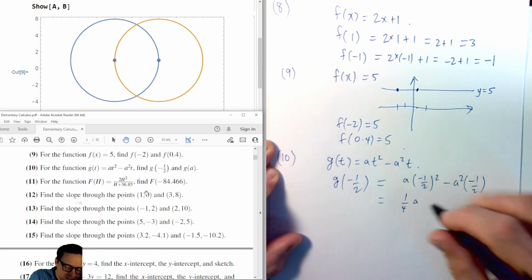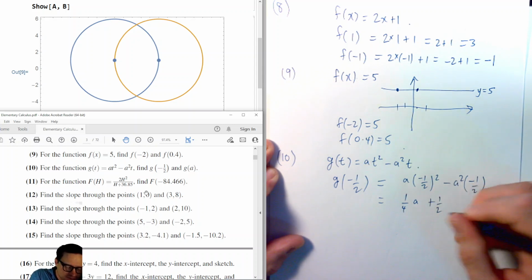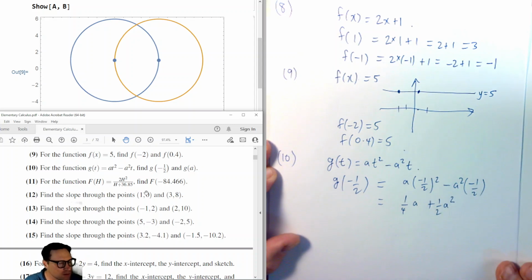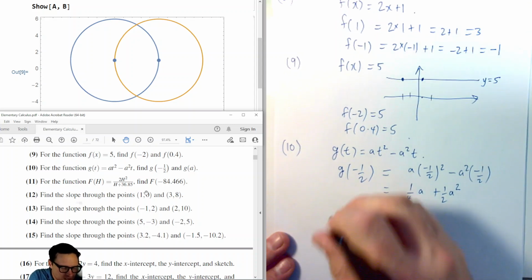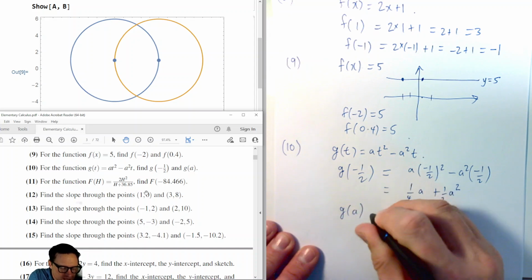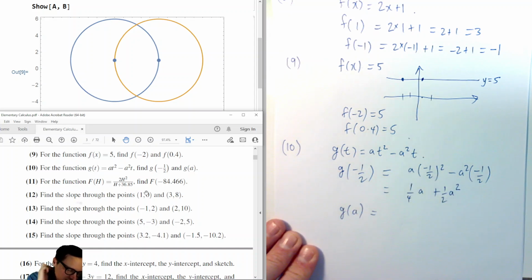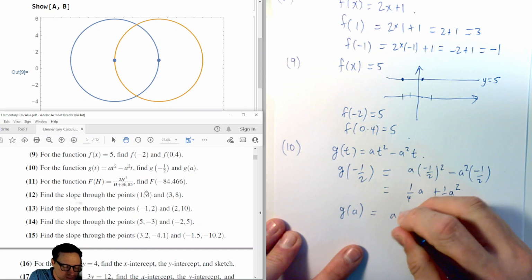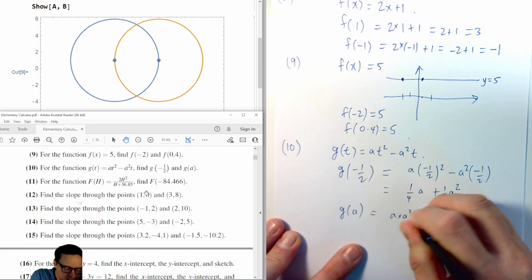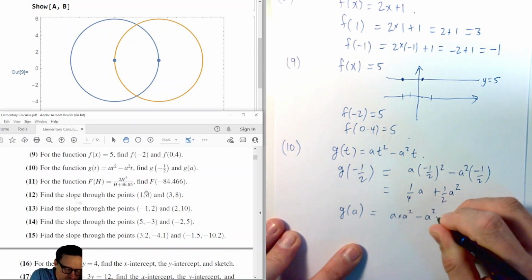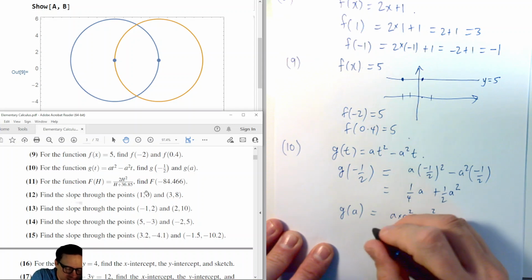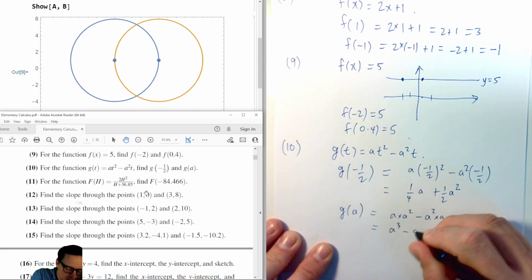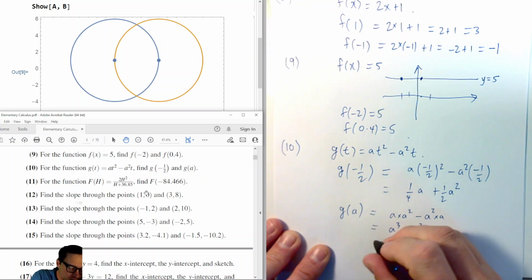Now there are two minuses here, so that's plus 1/2 a squared. Okay, good. Find g of a. So g of a, now in this one we replace all of the t's with a. So a times a squared minus a squared times a. And so this is a cubed minus a cubed, and that's 0.